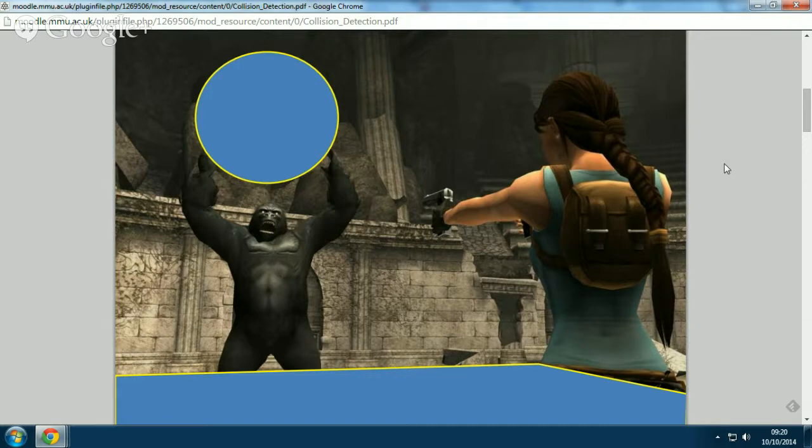So what's illustrated here? Miss Croft is trying to fight this guy, and the gorilla has a rock, a big boulder here. He's about to throw the boulder at her. But a key idea behind this is that the game doesn't simulate the world in a huge amount of detail.